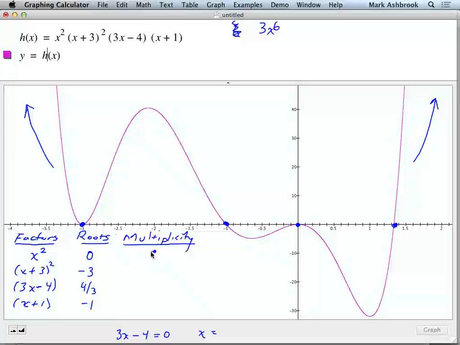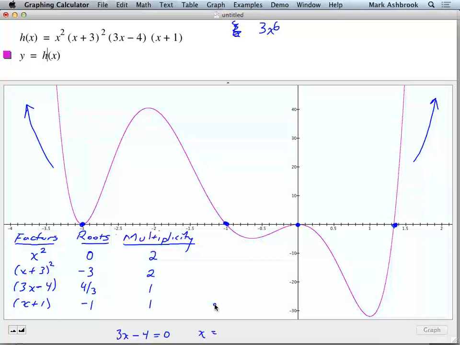The multiplicity is the degree. It's 2. What's the multiplicity on x plus 3 squared? 2. What about 3x minus 4? 1. So it's the power. The power on the factor is called the multiplicity, and that reveals the shape or behavior of the graph around that root.